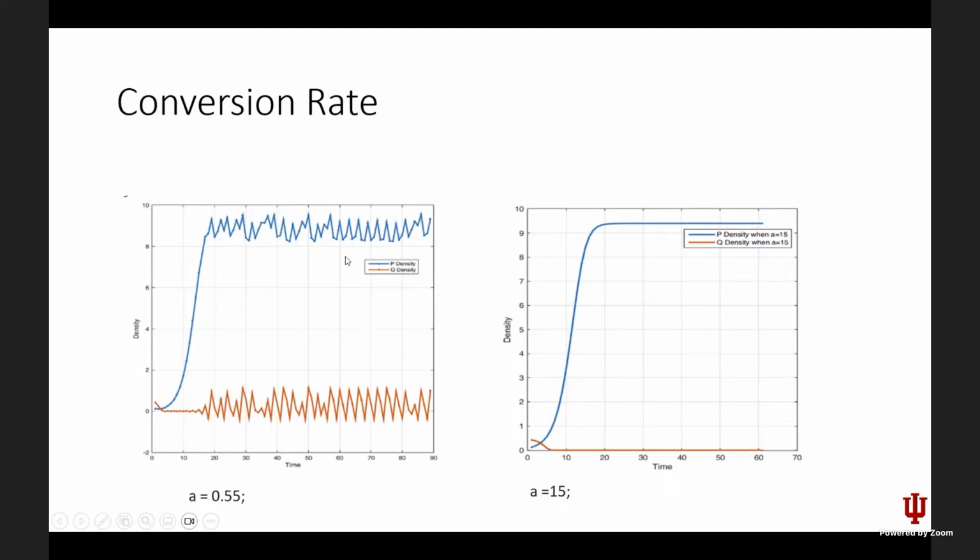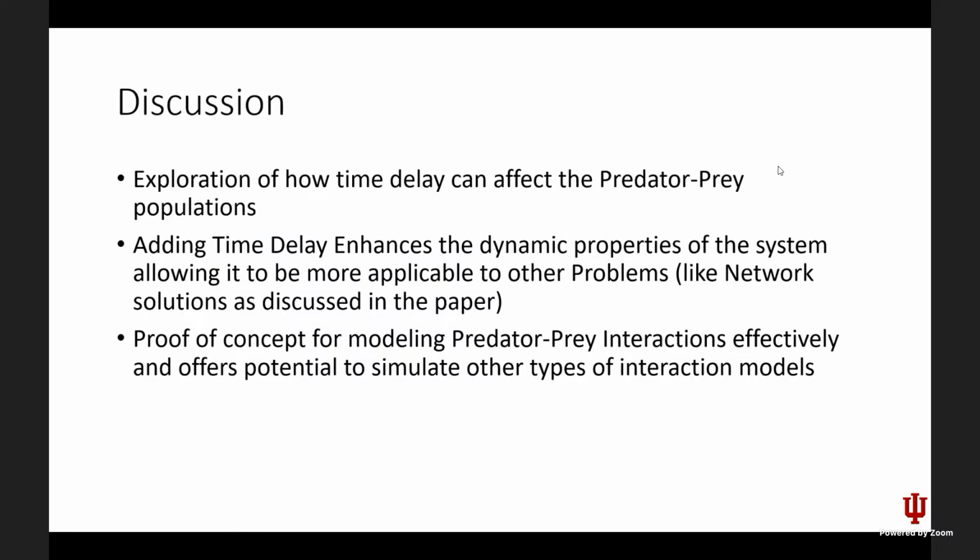Without the time delay, you don't get this randomness effect. But if you do implement a time delay, you get this randomness effect, which you can solve by modifying other parameters of the equation.